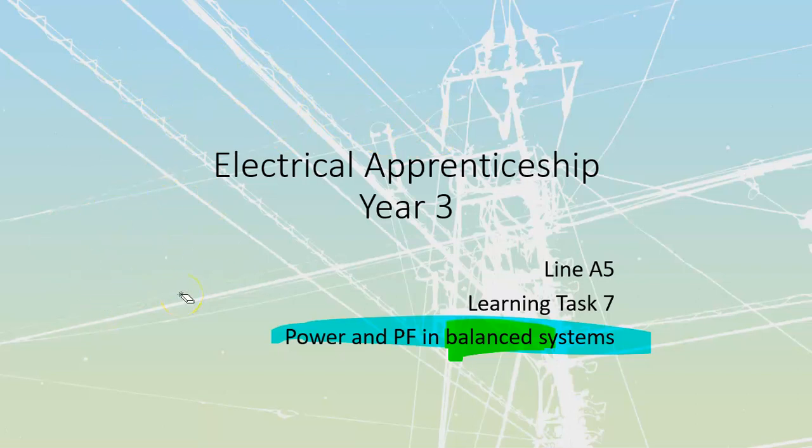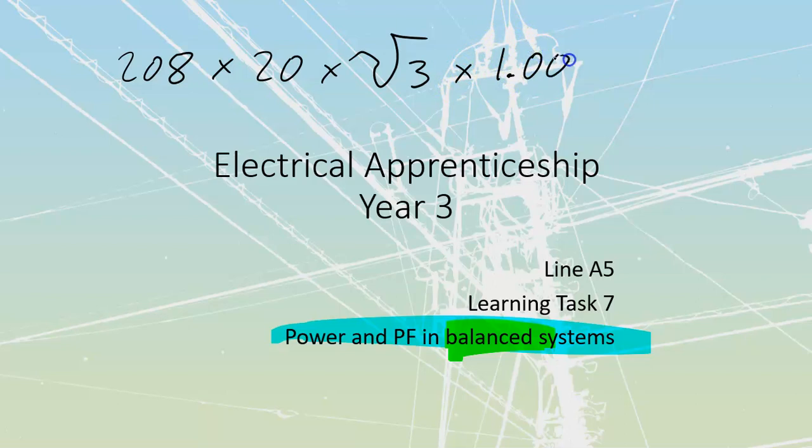Problem number 1 says, what power is dissipated by a balanced, we want to see that in there, purely resistive Y-connected system if the line current is 20 amps and the line voltage is 208 volts. Well, that term purely resistive means that we are going to have 100% power factor. So we can just take our line voltage of 208, multiply it by our line current of 20, multiply it by root 3, and multiply that by our power factor of 1.00, 100% power factor, since it's a resistive load.